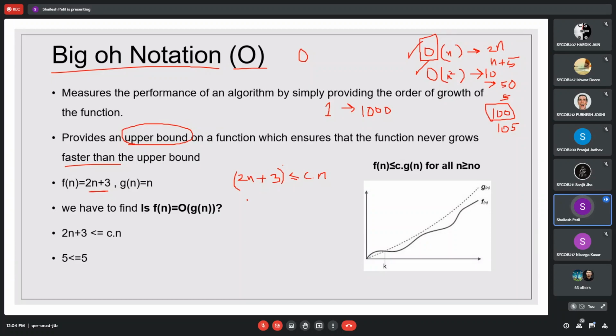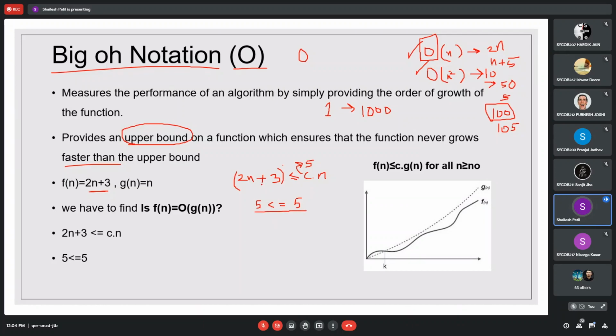If I put n as 1, it will be 5 is less than or equal to 5, for c equal to 5, some constant value. So n is 1, and 5 is less than or equal to 5.